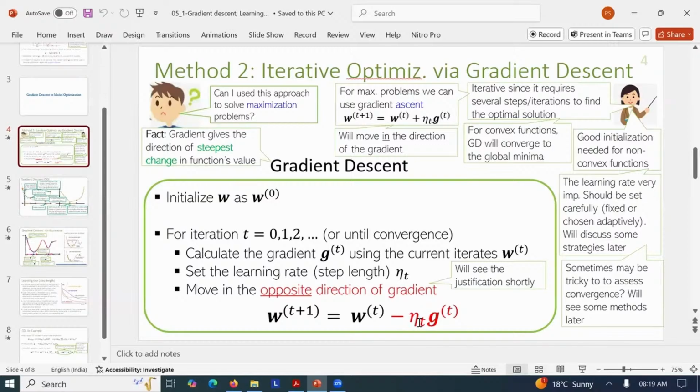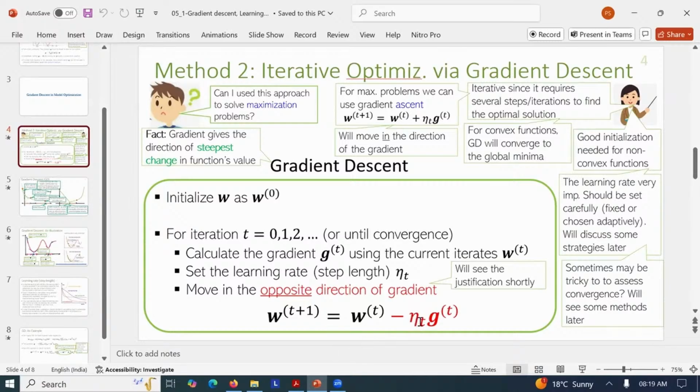No. So eta is the learning rate at the tth iteration. So eta can also be changed with respect to the number of iterations. For example, at the 0th iteration or the first or second iteration, we are using some value of eta as the learning rate, and then let's say after the 10th iteration, we may change this value too, right?